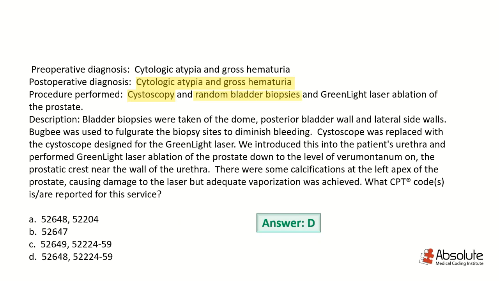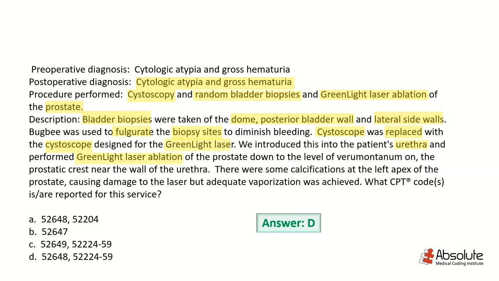The procedure performed was the cystoscopy and random bladder biopsies with green light laser ablation of the prostate. We had bladder biopsies of the dome, the posterior bladder wall, and the lateral side walls. We had to fulgurate the biopsy sites. The cystoscope was replaced with the cystoscope for the green light laser.